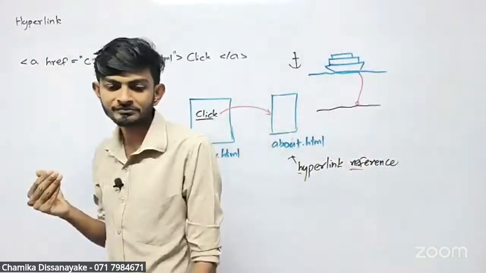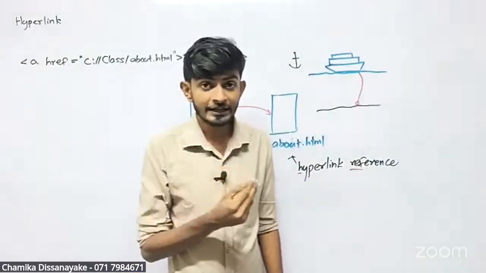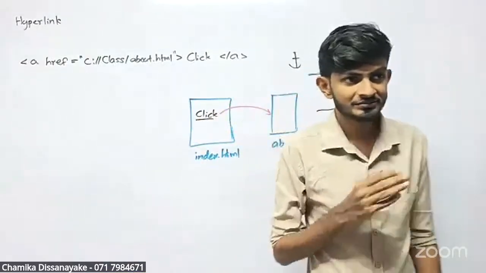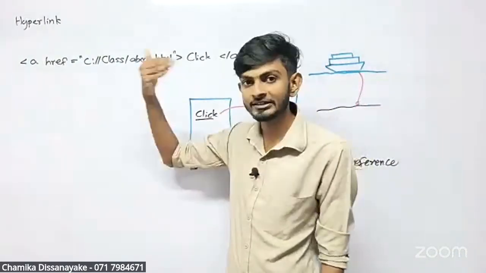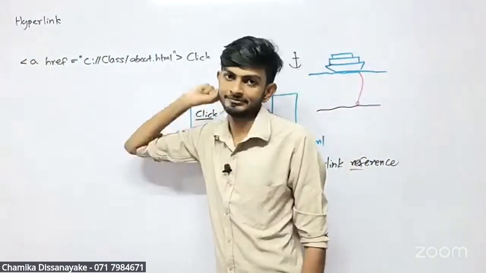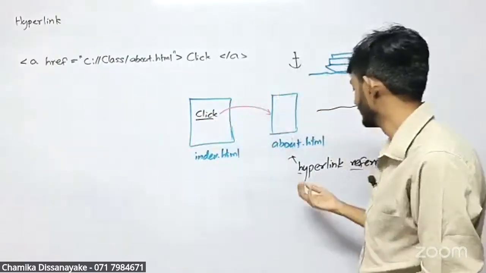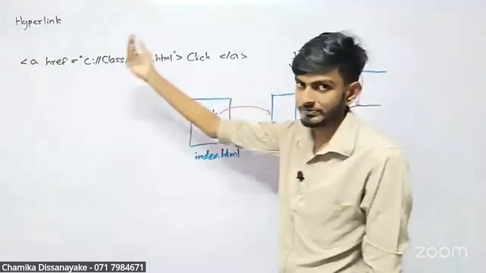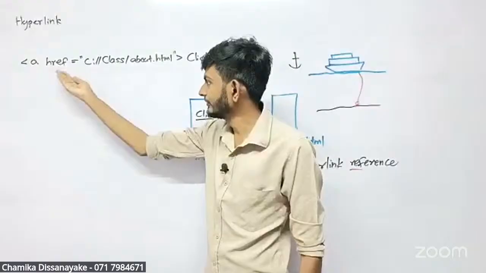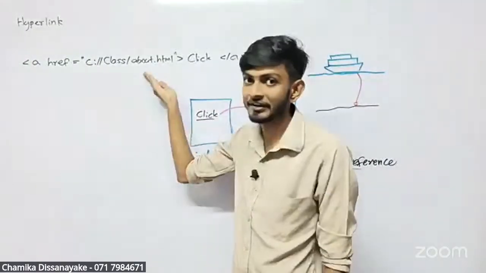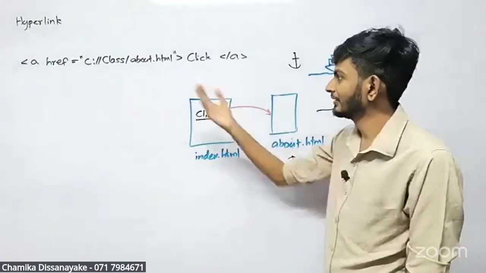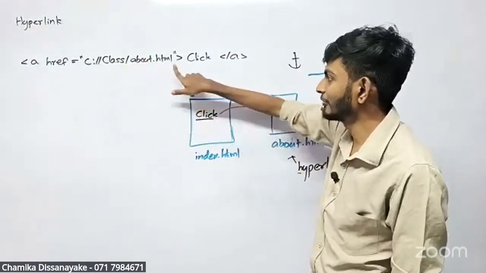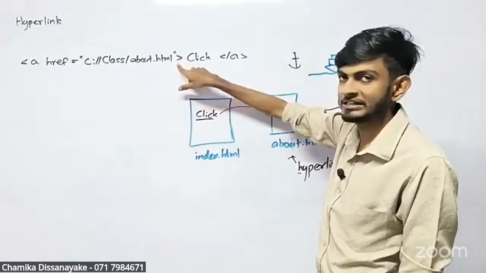Okay, href is an attribute. That is not a tag. That is an attribute for a tag. The tag name is anchor, right? Then href means the reference. So we put the reference address, which means the URL of this other web page, like this. And then we close the opening tag.